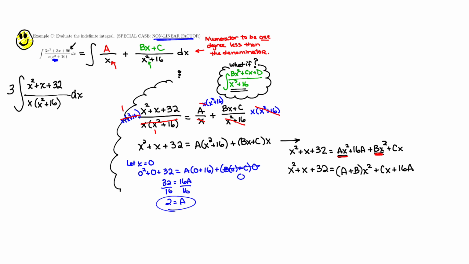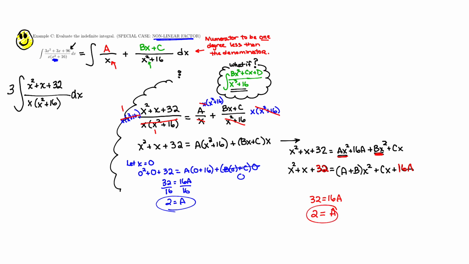And so you're saying, well, just look at that on both sides. My constant, 32, has to be equal to 16a, which is what you got, Jake. So 32 is 16a, so a is 2.